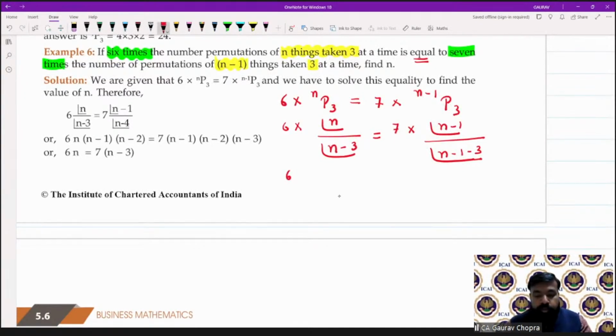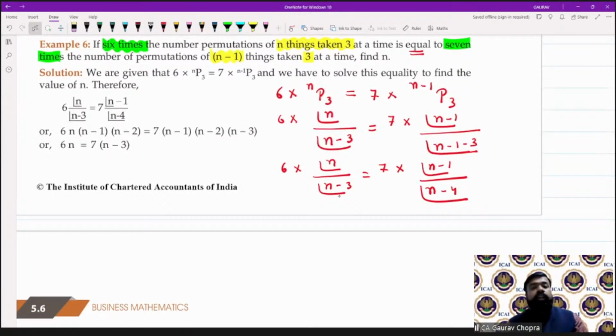So this is 6 multiplied by factorial n upon factorial n minus 3 equal to 7 into factorial n minus 1 and factorial n minus 4.